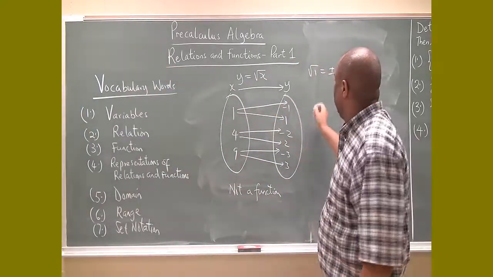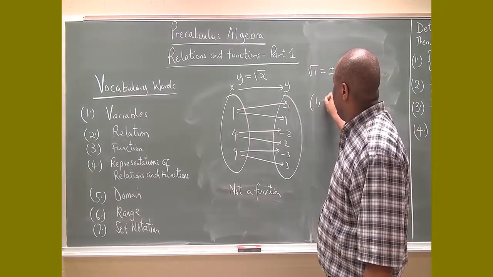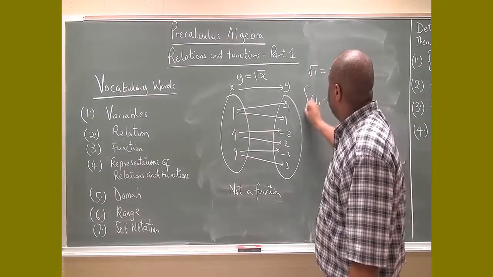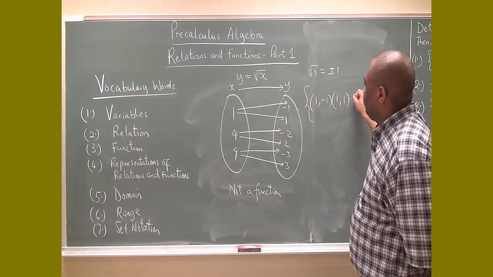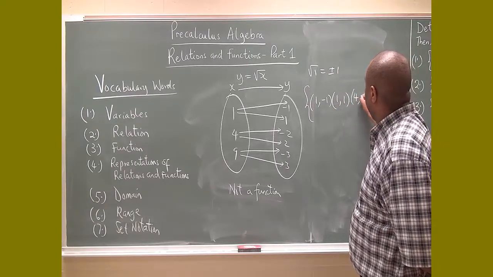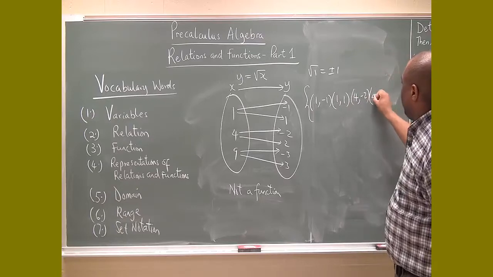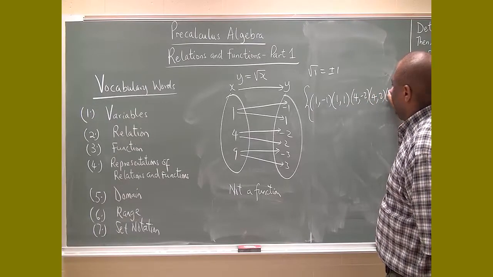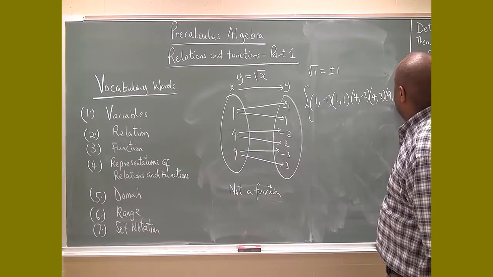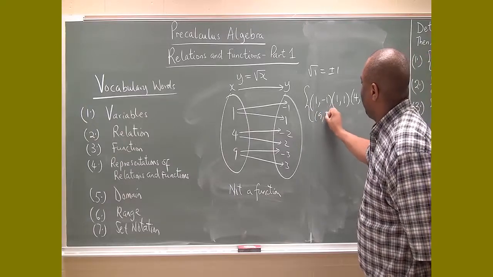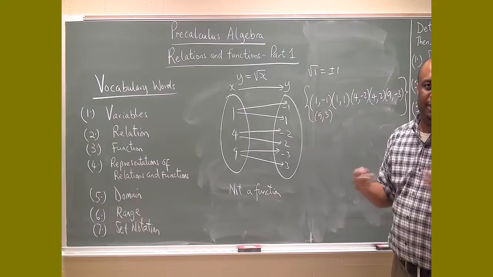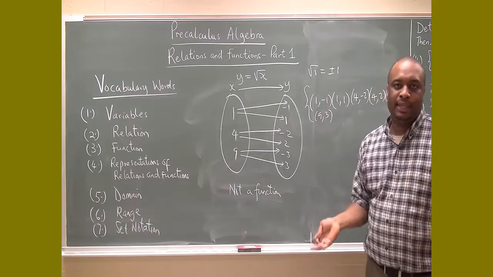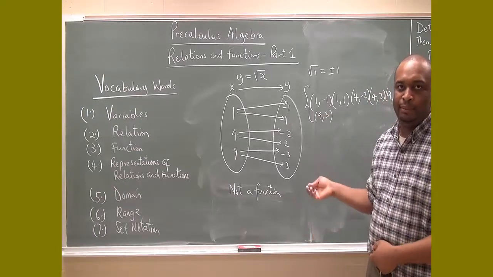You have the set of ordered pairs: 1 and negative 1, 1 and 1, then 4 and negative 2, 4 and 2, then 9 and negative 3, 9 and 3. So this is still a relation because it is a set of ordered pairs, and every input has an output.